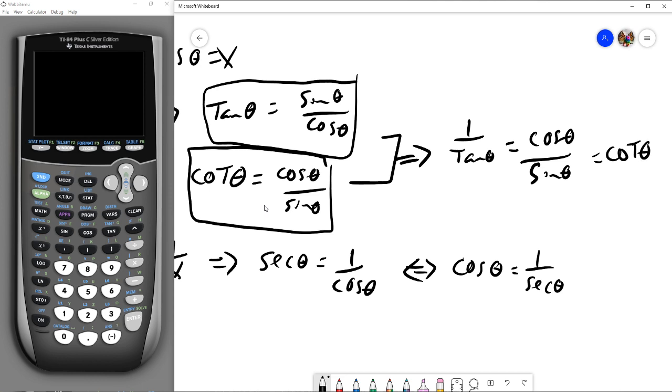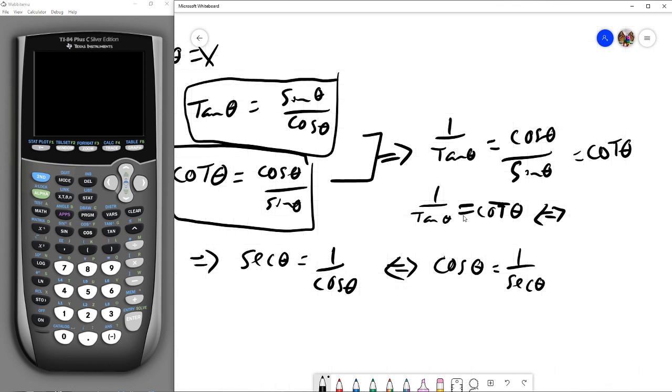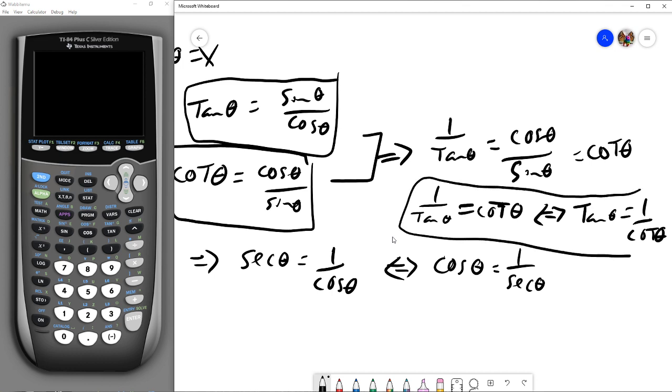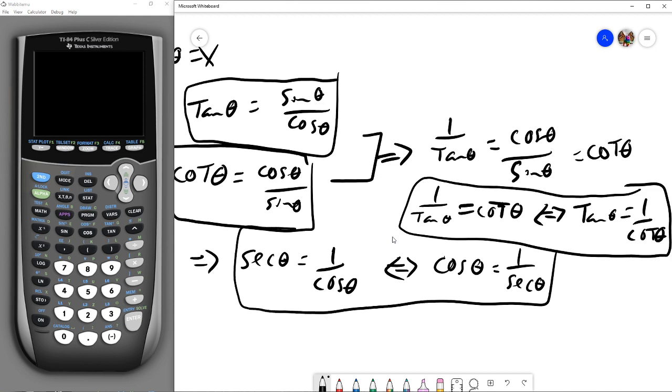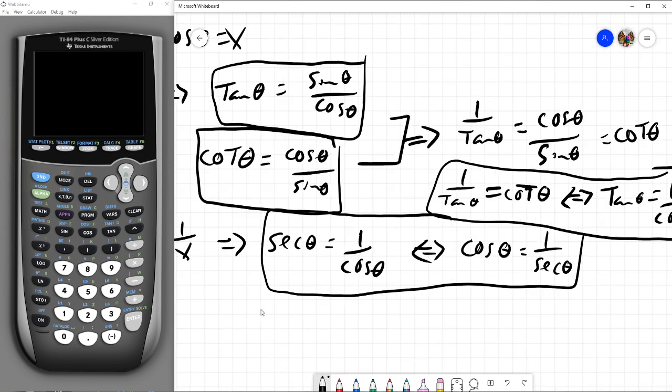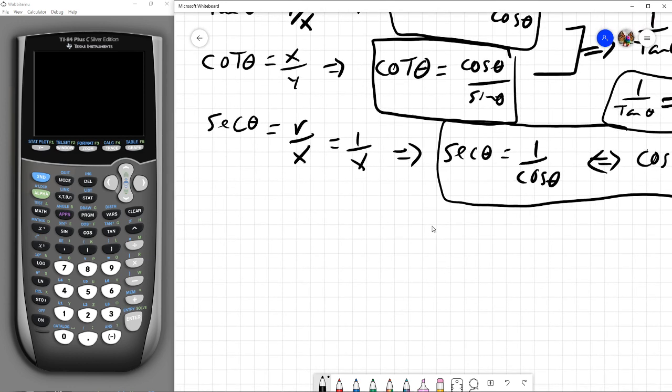So just to condense this, 1 over tangent theta is equal to cotangent theta. And we can go the other way. Tangent theta is going to equal 1 over cotangent theta. We have lots and lots of fun here. Let's box that. Let's box this. This is getting crazy. We got all these boxes.